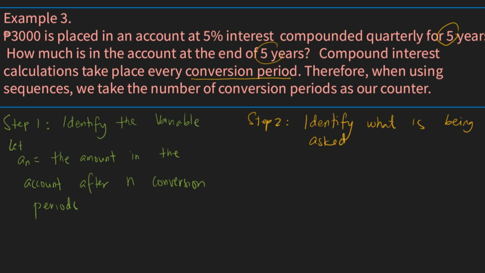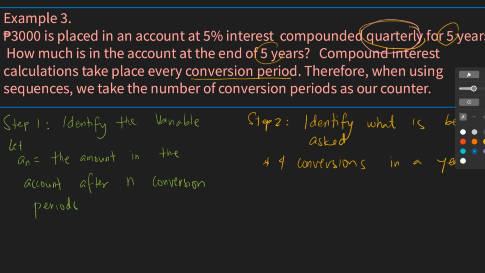Since there are 4 conversion periods in a year, why 4? Because of the word quarterly. So in a year, we have 4 conversions because of the word quarter.